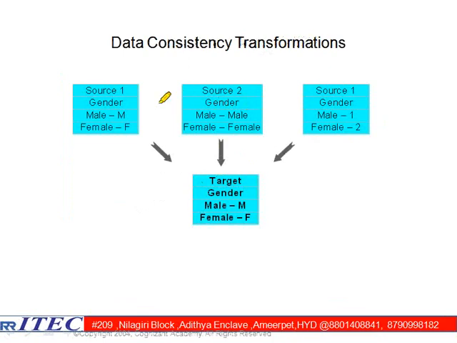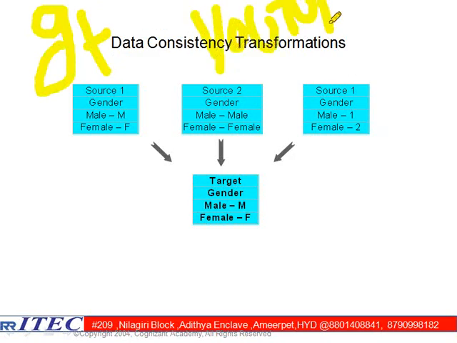Next one, data consistency. Suppose this data is coming from one application, called the Google Plus application. This data is coming from another application, called the YouTube application. This data is coming from another application, let us say the Gmail application. At the end of the day, all of this is Google data, yes or no, sir?